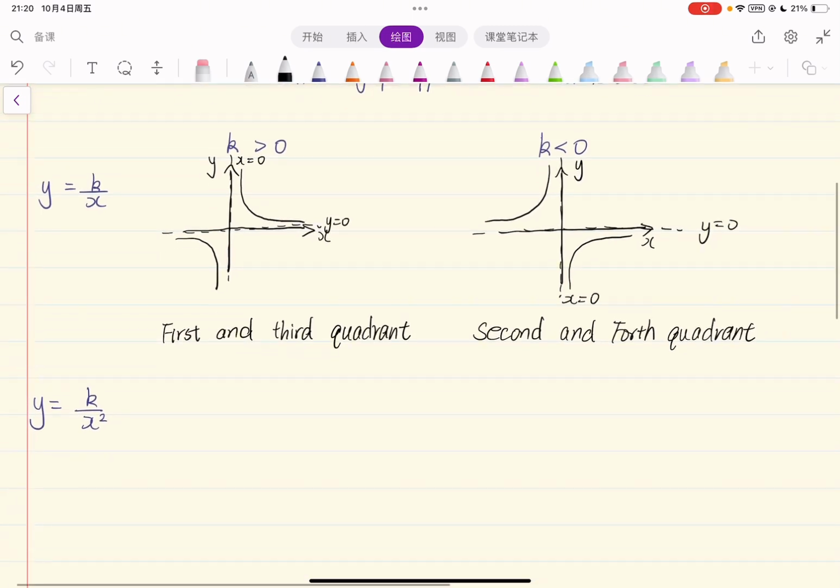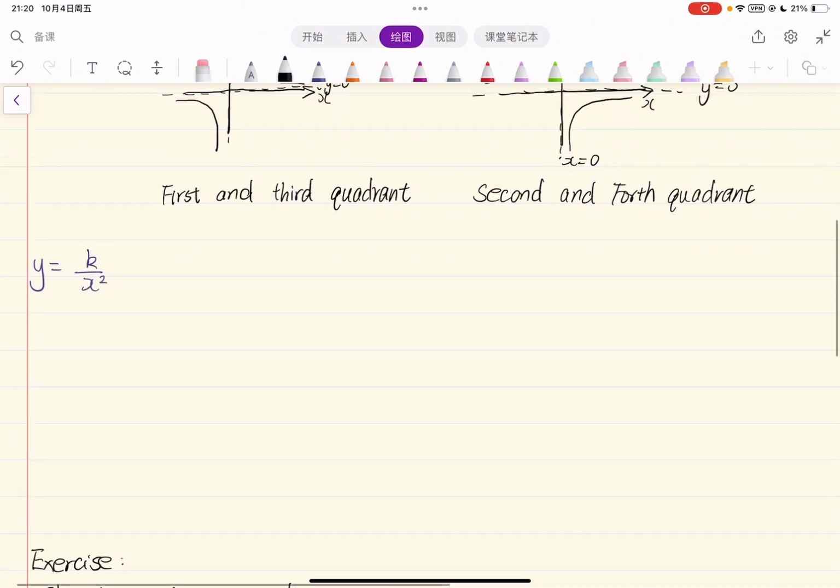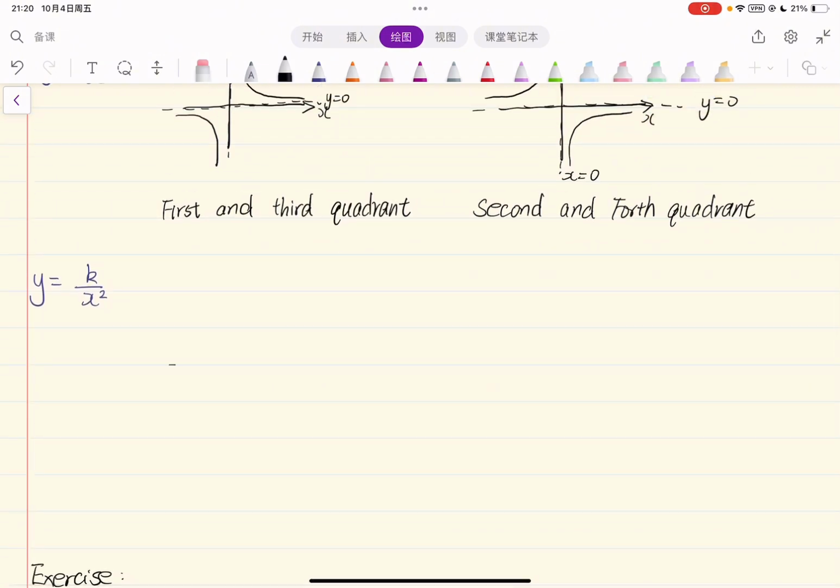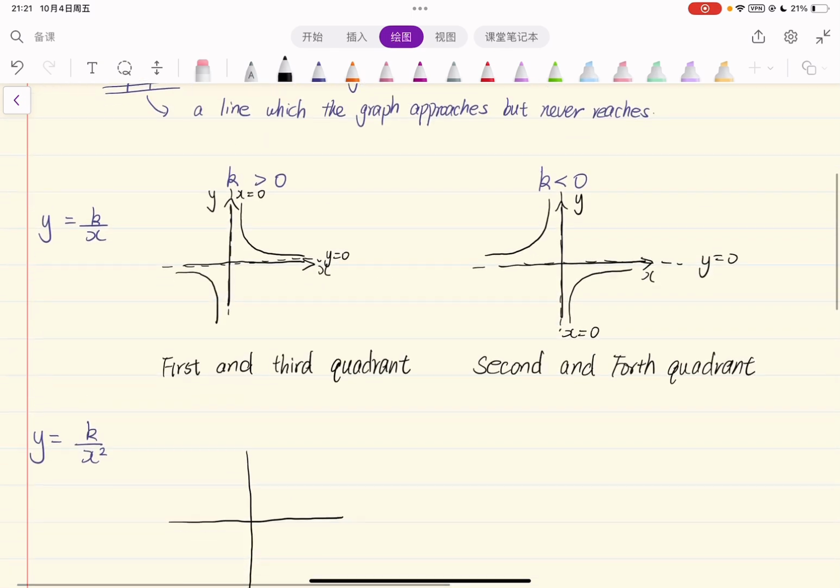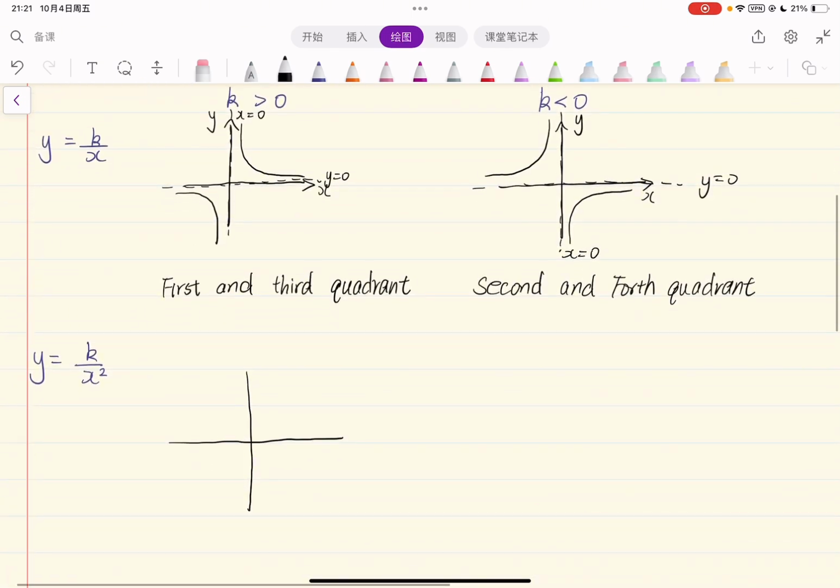How about y equals k over x squared? Firstly, let's see k greater than 0. If k is greater than 0, we still have the asymptotes y equals 0 and x equals 0. Here is the y-axis, and here is the x-axis.